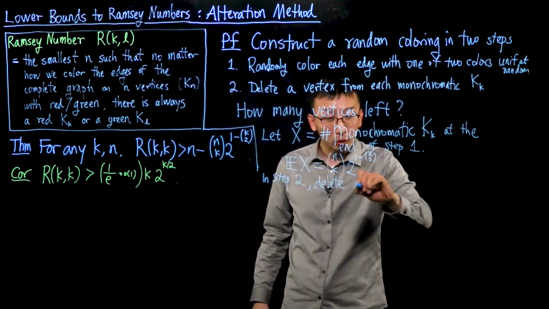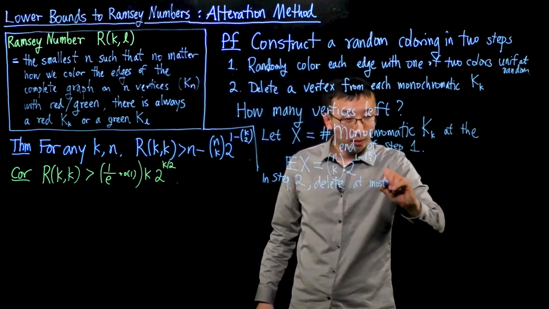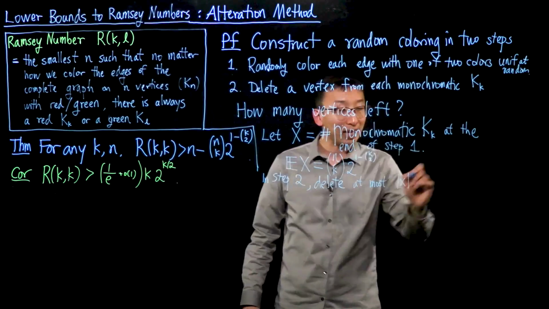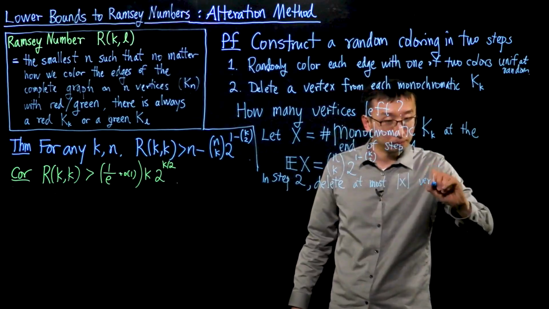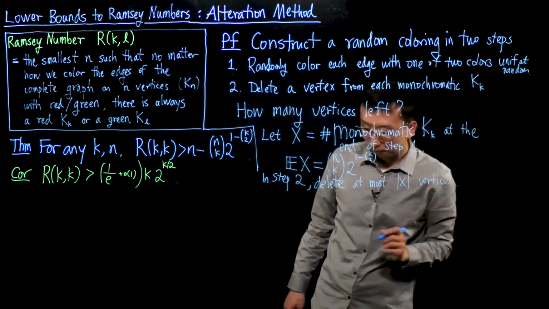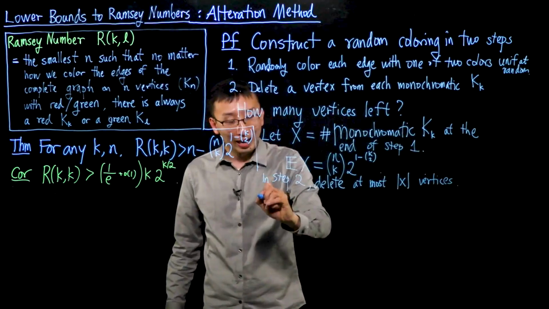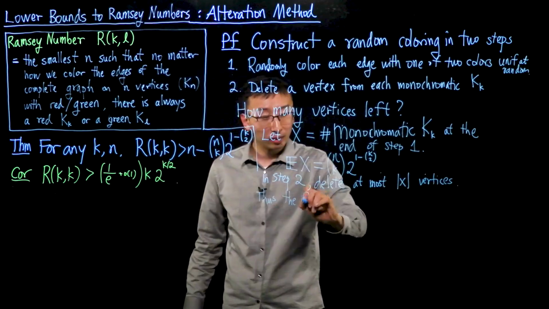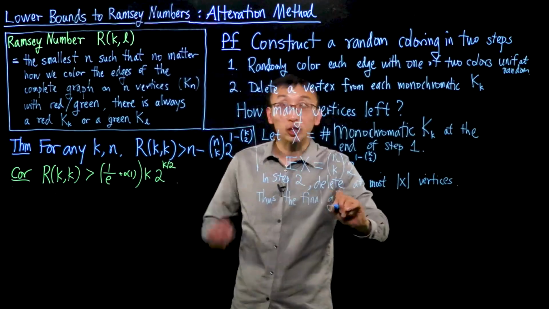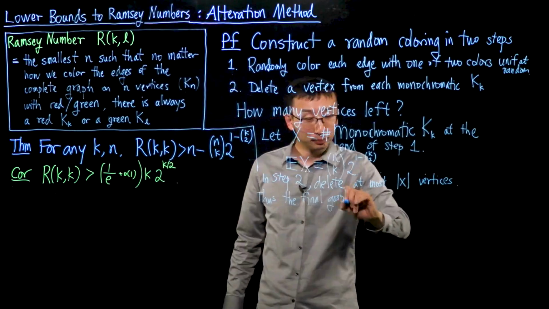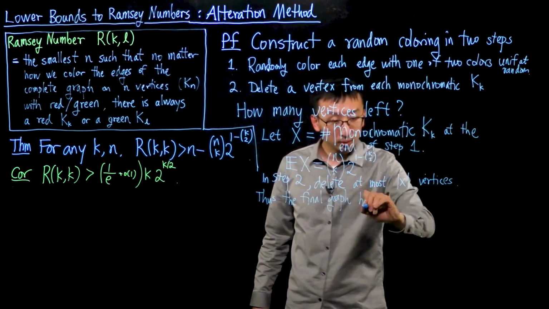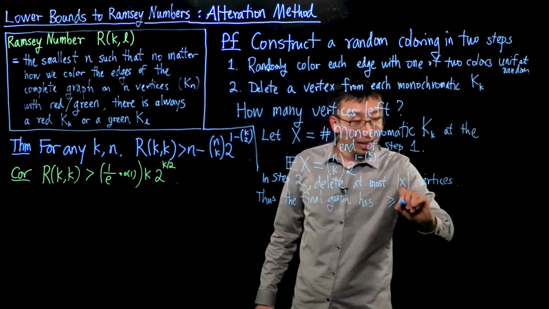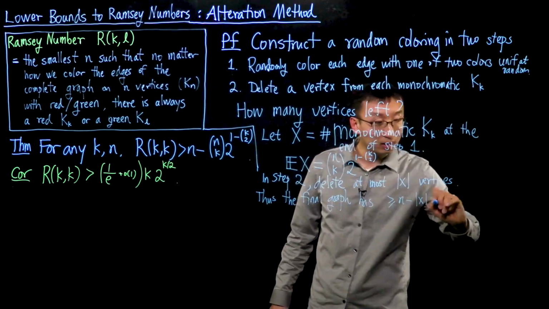So we delete at most x many vertices. And thus, the final graph that we get at the end of this two-step process has at least n minus x vertices.